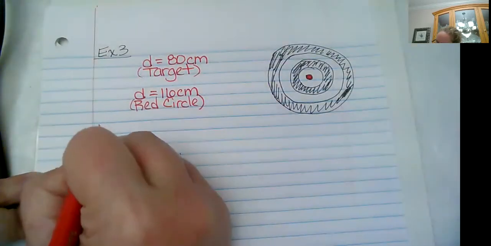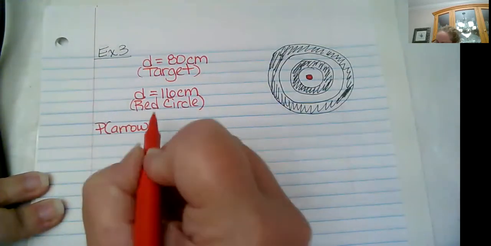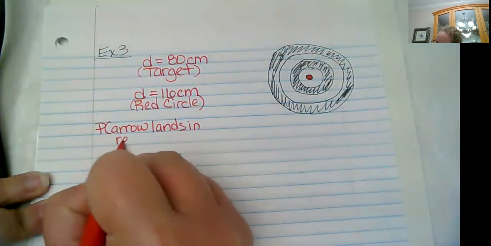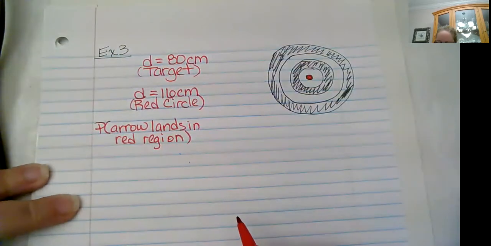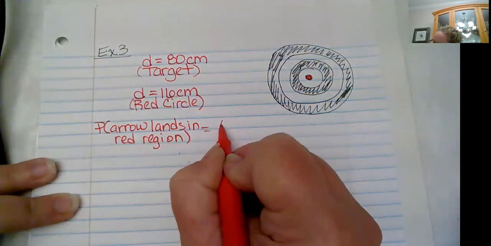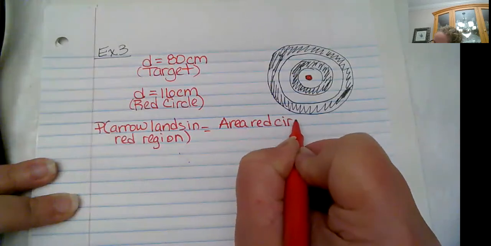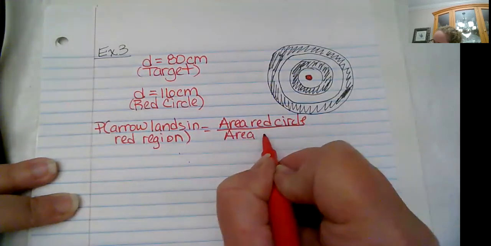So the probability the arrow lands in the red region is the area of the red circle over the area of the target itself.